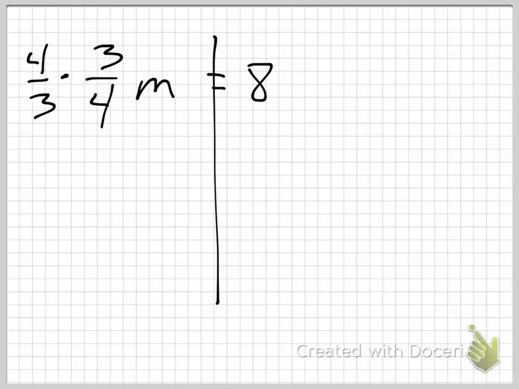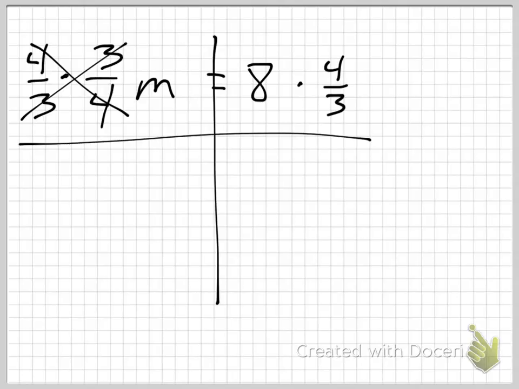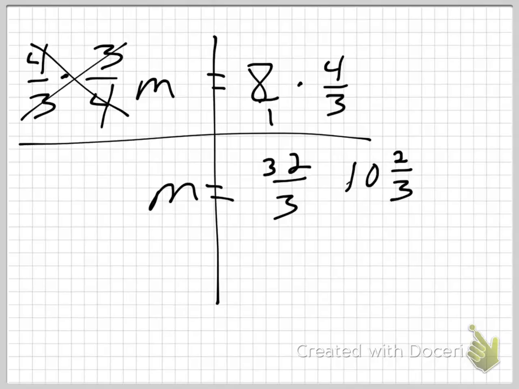Do you agree with that? If I multiply by 4/3, then I instantly have to multiply the other side by 4/3. Do you understand what I'm saying? m equals, can I reduce anything? No. 32/3. Am I done at that point? No. It's 10 2/3, right? You understand what I'm saying?